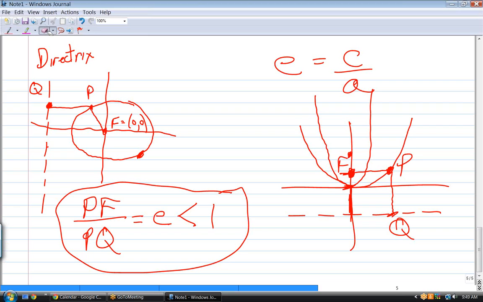So the eccentricity of the parabola determines where the directrix is. And I'll bet it's the same here, the location of this directrix. I don't know. We may answer that as we get further into this section.